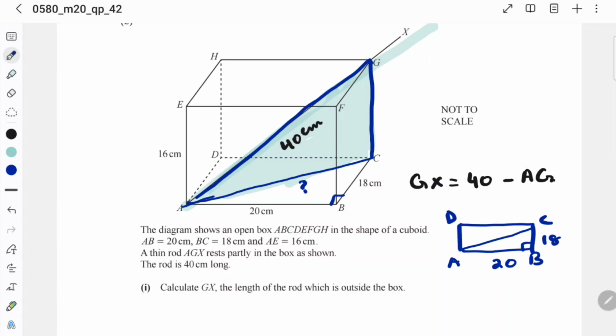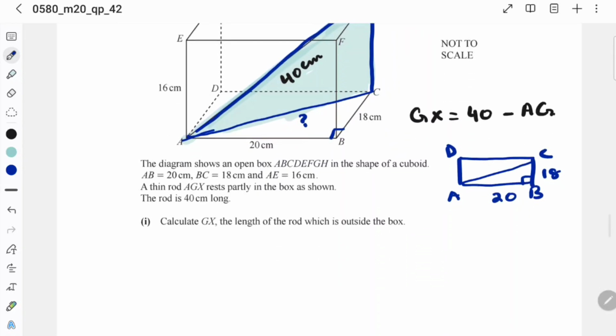So first, quickly calculate AC. AC is equal to the square root of 18 squared plus 20 squared, because it is the hypotenuse. I'll put the square root, not the square. So AC is the square root of 20 squared plus 18 squared.